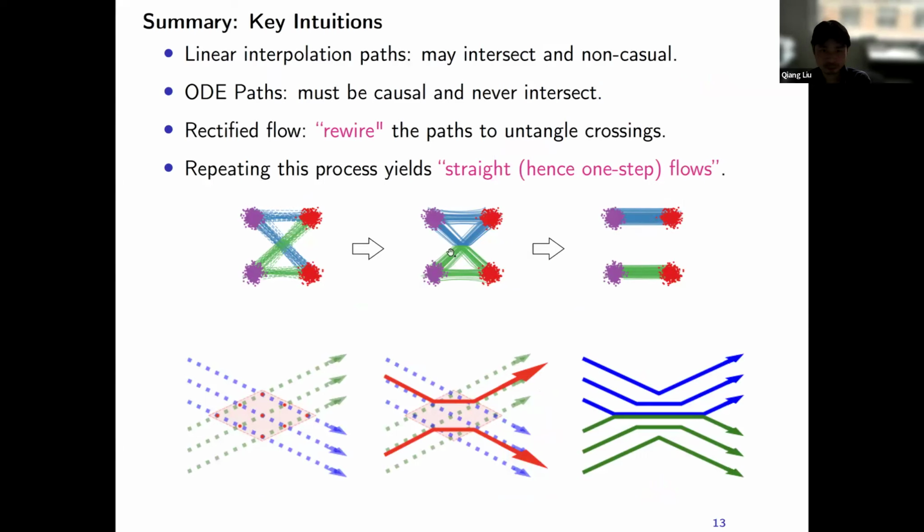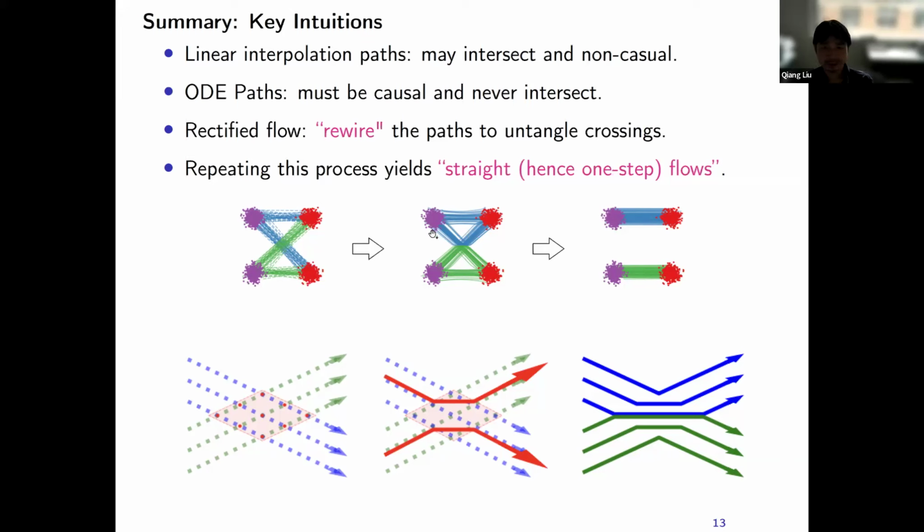Unfortunately, these trajectories may not be perfectly straight, because if there is an intersecting point, you will introduce curvature there, right? But what we can do is repeat this process, and if we repeat it, we'll get a pretty straight trajectory.